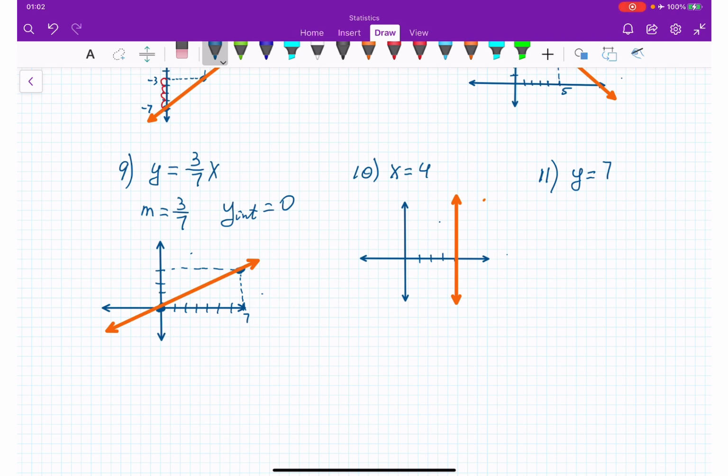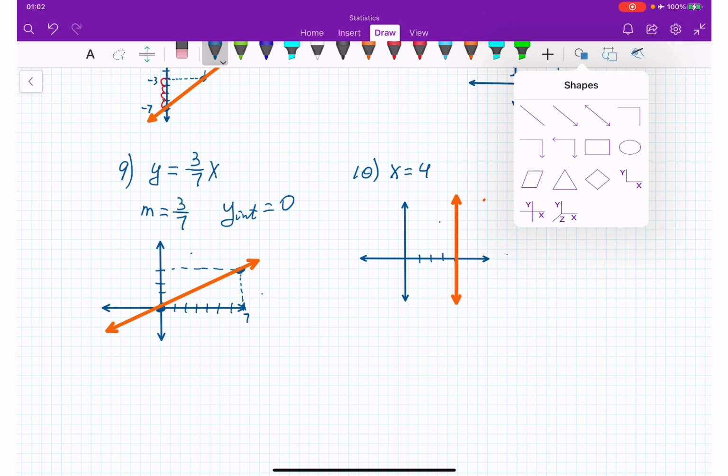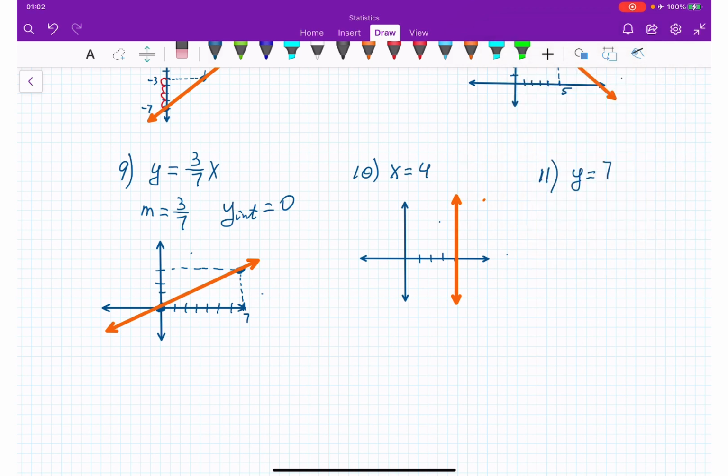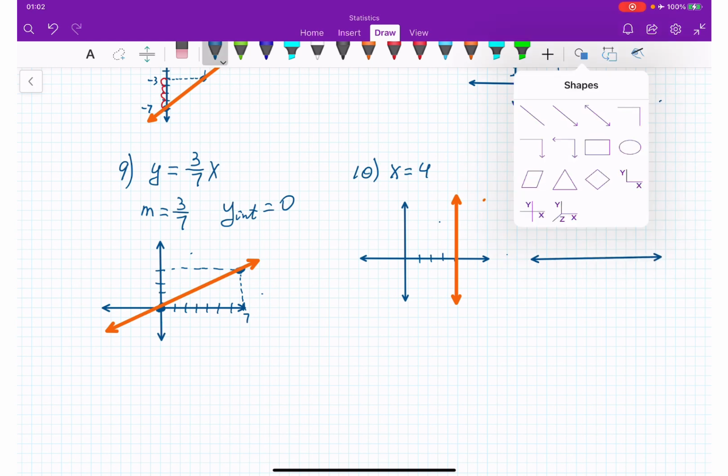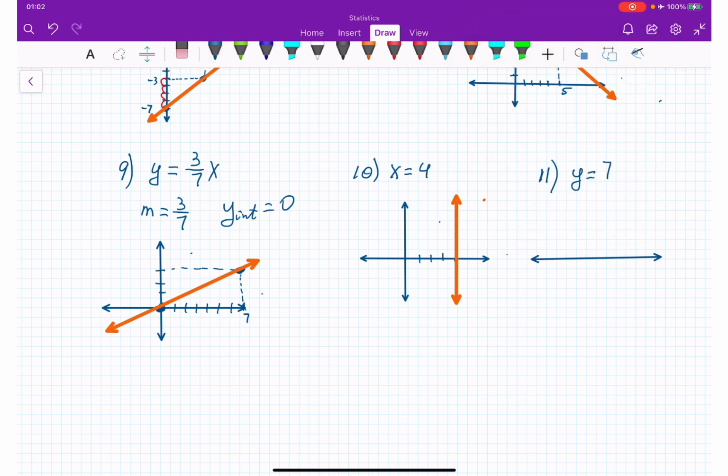How is this graph going to run? It's going to run horizontally, right? Because now x is missing, which means the graph can never cross your x-axis. And to do that, you have to use a graph that will run parallel to your x.